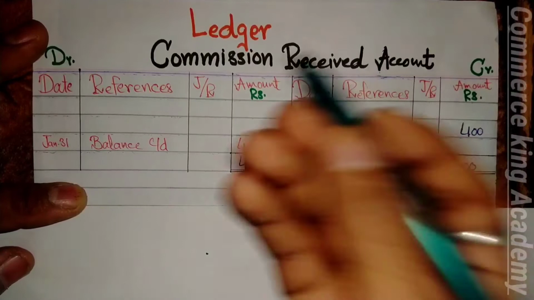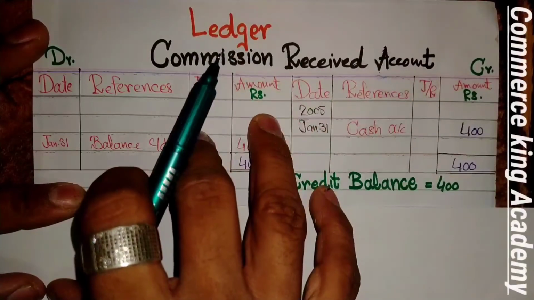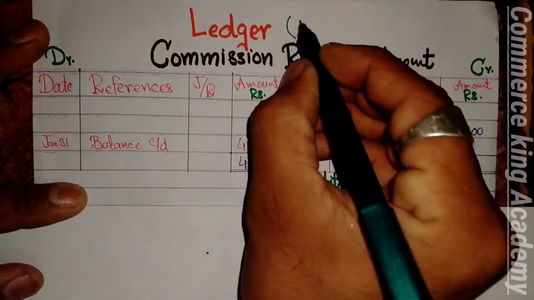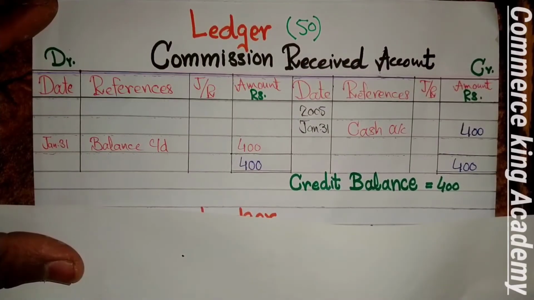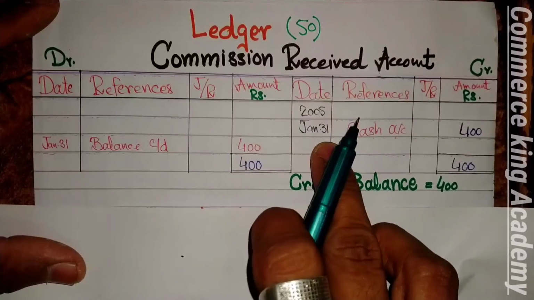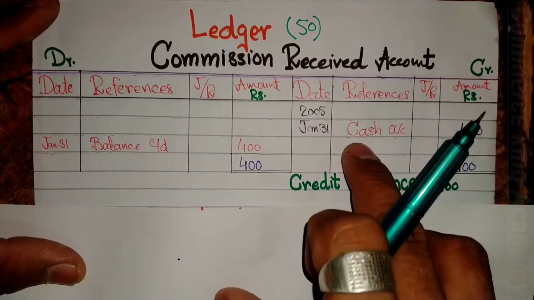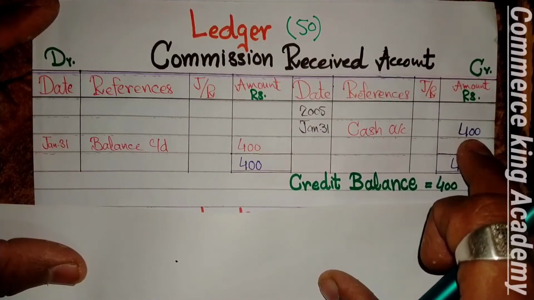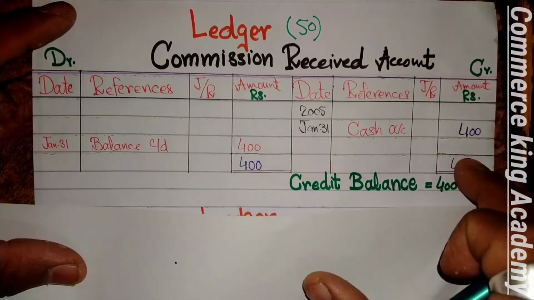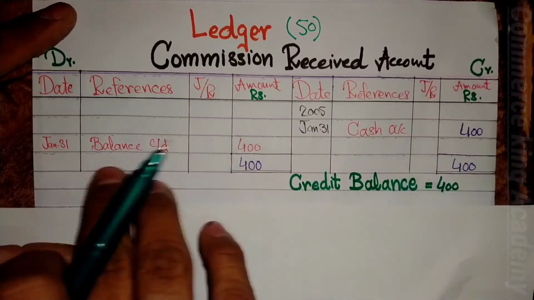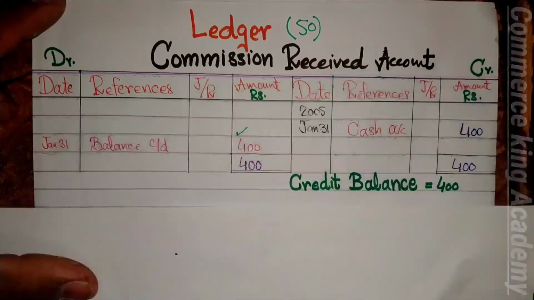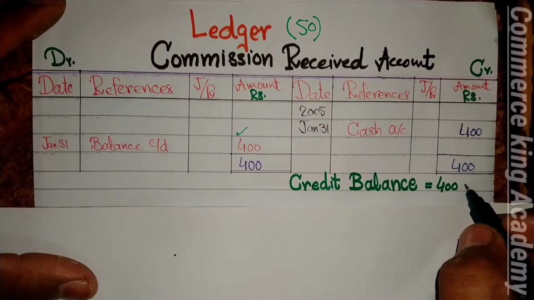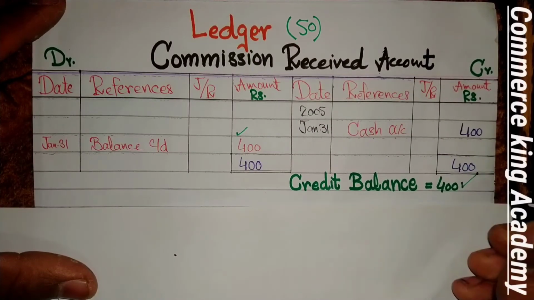So the ledger of the commission received account is here, you can see, with ledger folio number 50. The commission received account on Jan 31st is credited by cash account amounting to 400 rupees. We have totals of both sides and found a difference of 400 rupees on the debit side. The credit side is heavier than the debit side. So ultimately we have a credit balance of the commission received account amounting to 400 rupees.